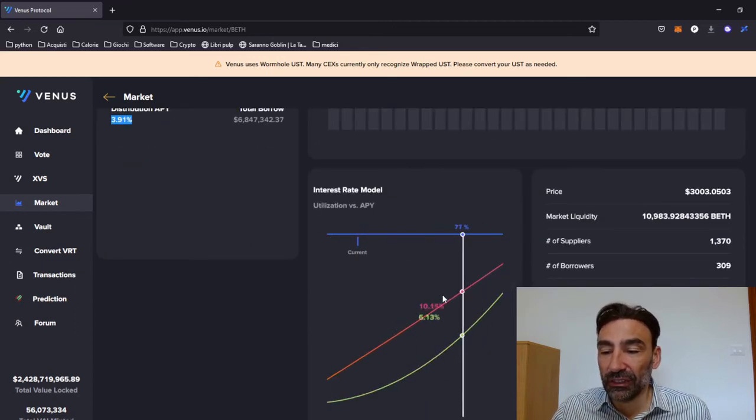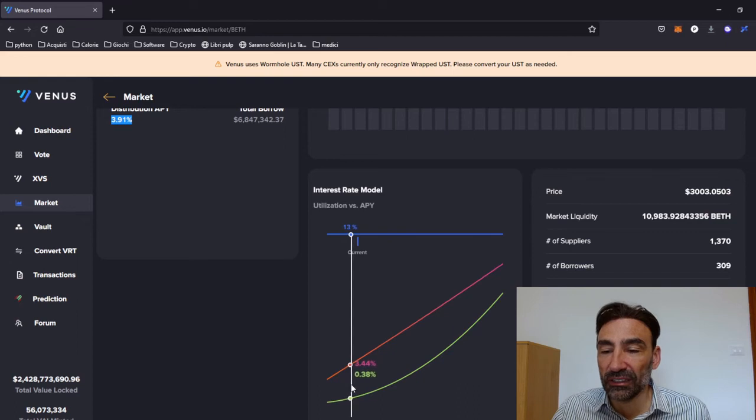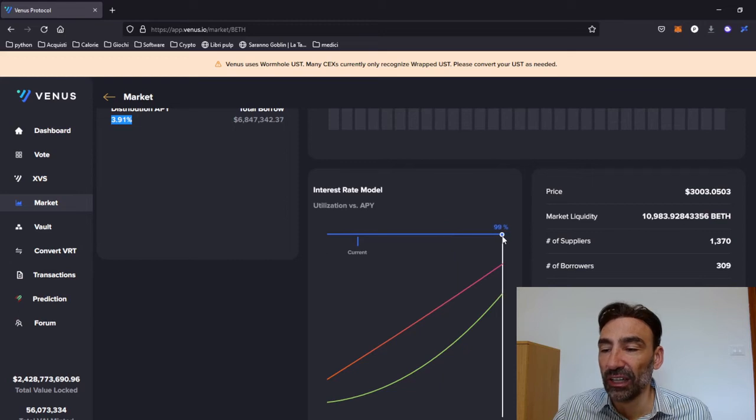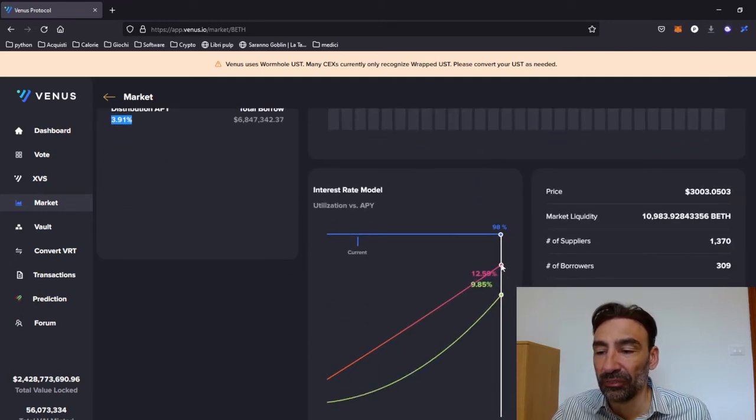Okay, it's very interesting to look here at the curve. The red one is for the borrow and the green one is for the supply. How the interest rate changes according to how much is used. For example, if it is completely used up, so they are completely left without BETH, and you supply, you will get a 10%, so not too much, honestly.